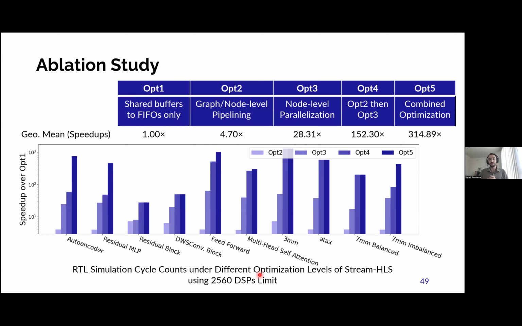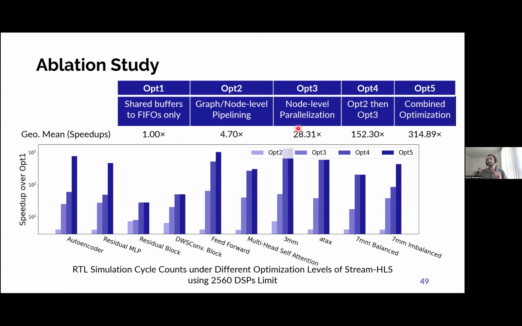And also we did some ablation studies to see the impact of each optimization. So for the shared buffers to FIFOs only, this is the baseline. And then when we do just the node level graph and node level pipelining, considering just loop permutations and maximizing concurrency without parallelization in any nodes, we gain 4x.